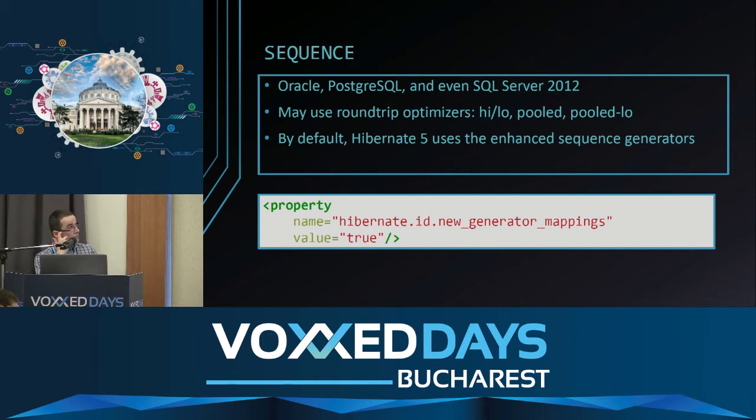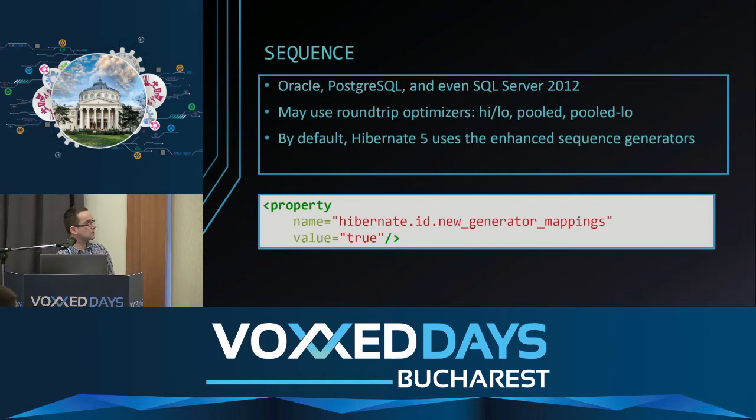Hibernate offers some optimizers like hi-lo, pooled, and pooled-lo. Hi-lo was used before Hibernate 5, but nowadays the enhanced identifier generators are activated by default.